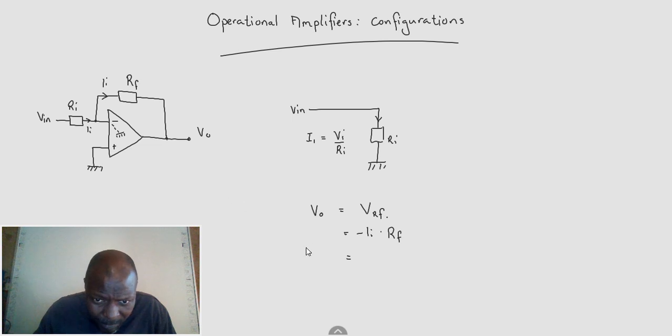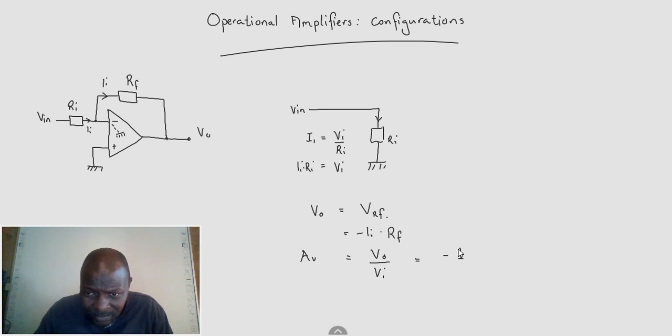Now, what is our gain? We spoke of gain. Our gain is equal to what? If I manipulate this, you can see that our V in is I in times R in. So our gain compares our V out to our V in, which is minus I in times RF over I in times R in.